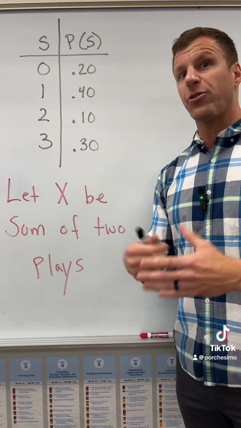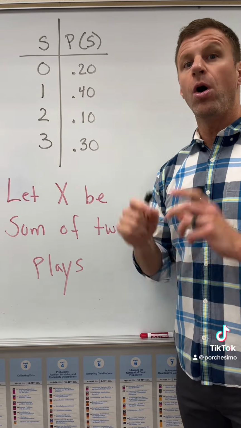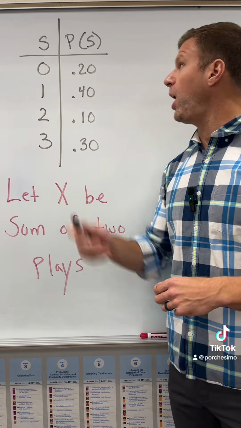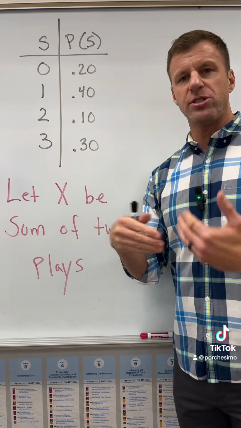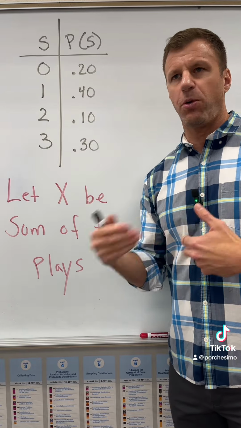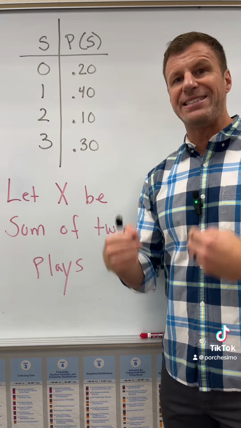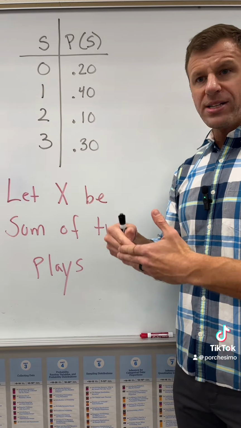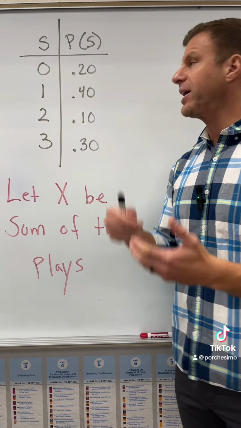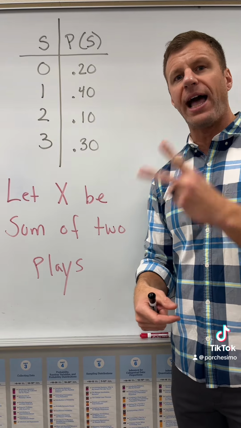Well, again, that's 2 different options. 1, then 0: 0.4 times 0.2, or 0 and then 1: 0.2 times 0.4. Now, multiplication, 0.2 times 0.4 is the same thing as 0.4 times 0.2. The order you multiply does not matter, but these are 2 distinctly different outcomes. So I could do 0.2 times 0.4 plus 0.4 times 0.2, or I could just do the multiplication once and double it because I know there are 2 distinct outcomes.